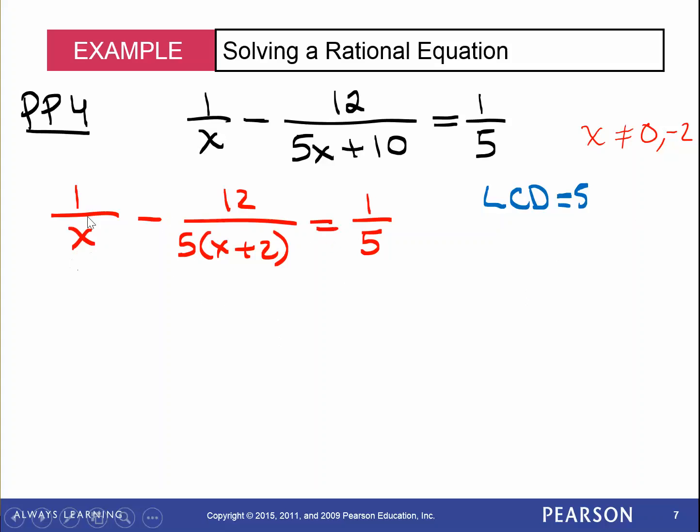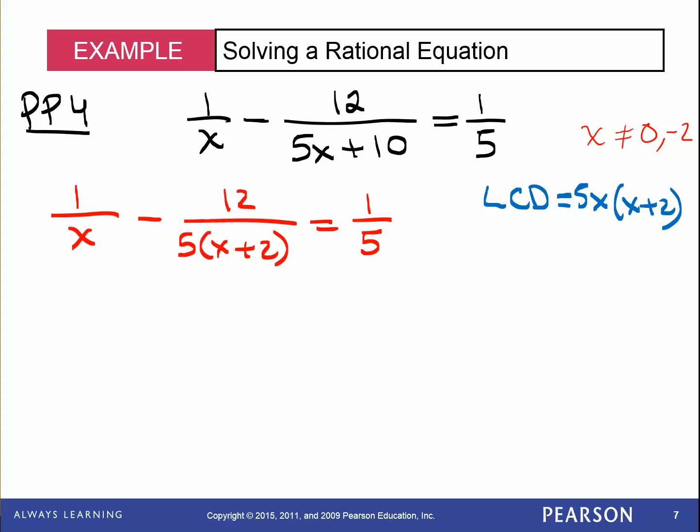Then look back over here, look at all my monomials, this little x right here, I'm going to need that x over here too. Then look at any binomials, x plus 2, I'm going to need that too. So there's my least common denominator. We good? And this is the smallest denominator possible.